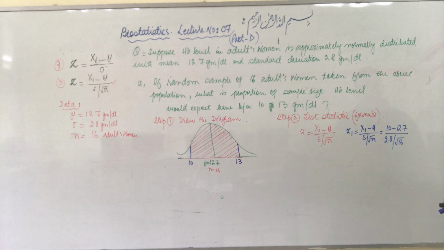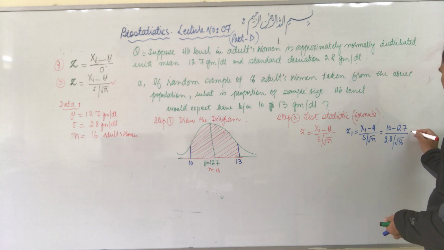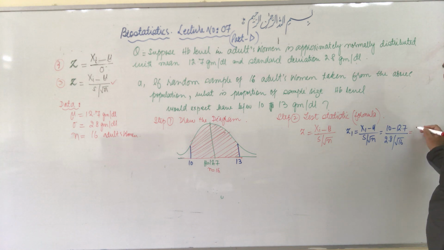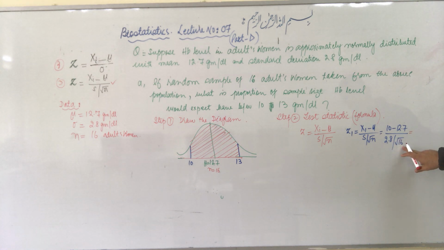If we take the square root of 16, it will be 4. Then we divide the 2.8 by the 4.